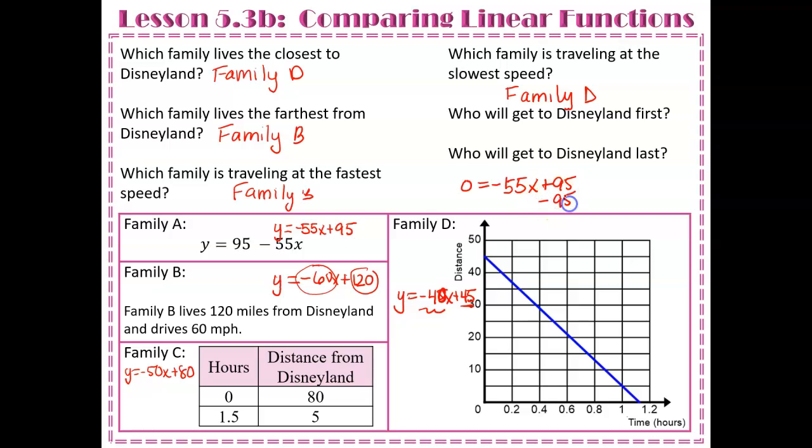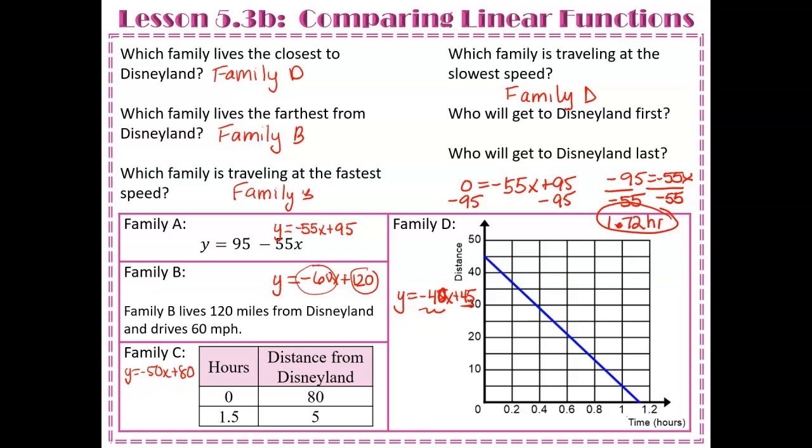So I'm going to subtract 95 from both sides. So I have negative 95 equals negative 55x. You're going to divide by negative 55. So negative 95 divided by negative 55 is about 1.72 of an hour. So I'm going to pause and let you do that for each one of these equations.